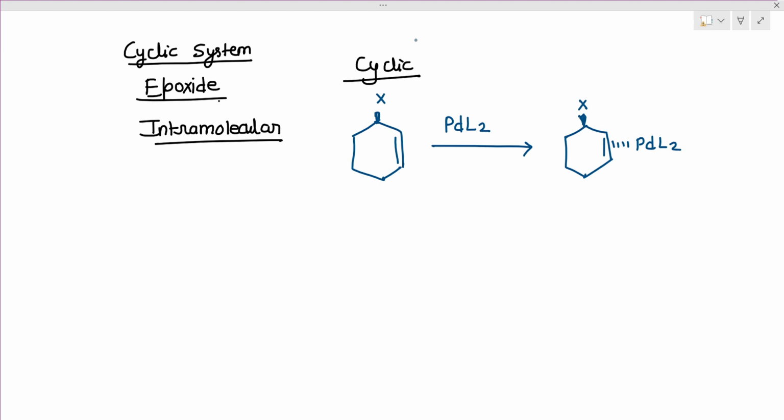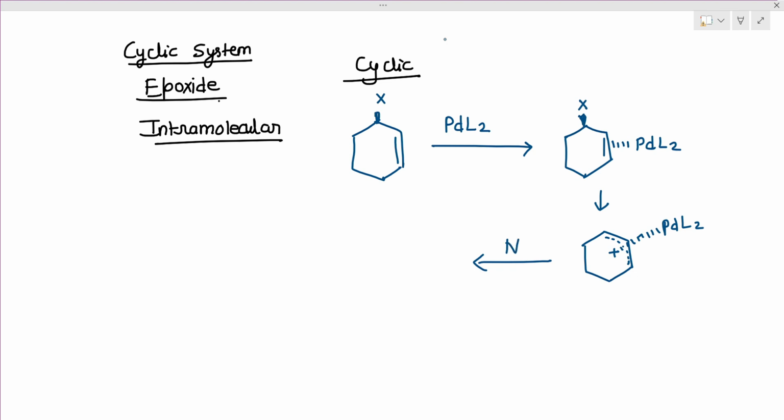Now what will happen? This complex will change in this manner. This is PdL2 that is attached here by the 3 atoms. Now you are getting this type of pi allyl complex. Then there will be the attack of the nucleophile.